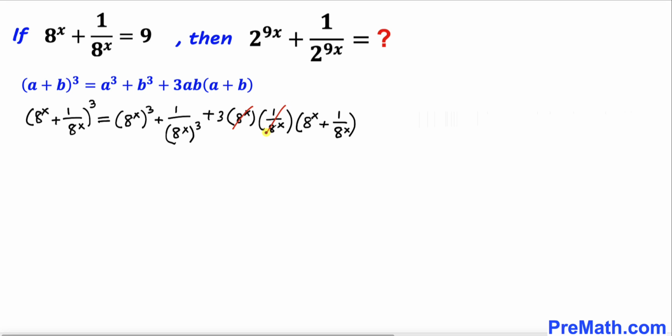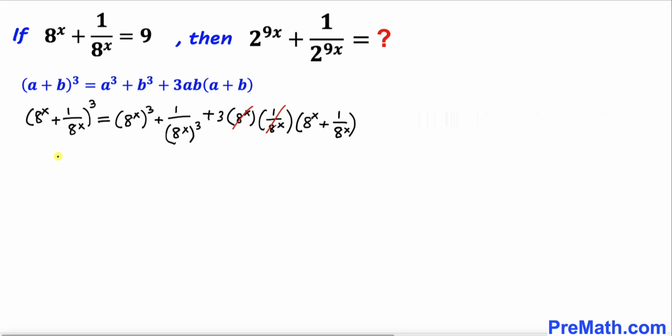And one more thing, on the left hand side, 8 power x plus 1 divided by 8 power x is 9. So I'm going to replace this one by 9, and likewise this one once again is equal to 9.